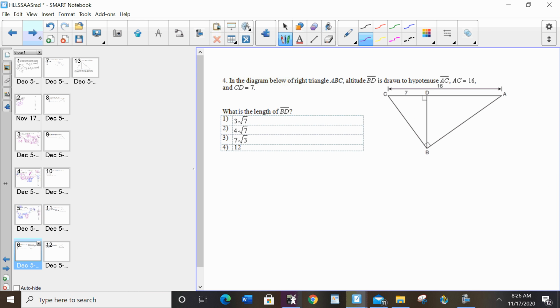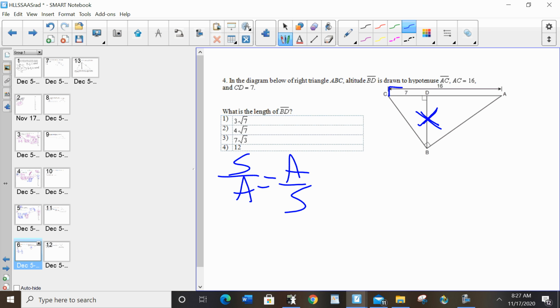I asked you to try number 4 on your own. If you didn't already, then pause it and do it right now. If you're asking for BD, HLLS or SAAS? Well, there's an A involved, so I'm using SAAS. There's a little twist here.